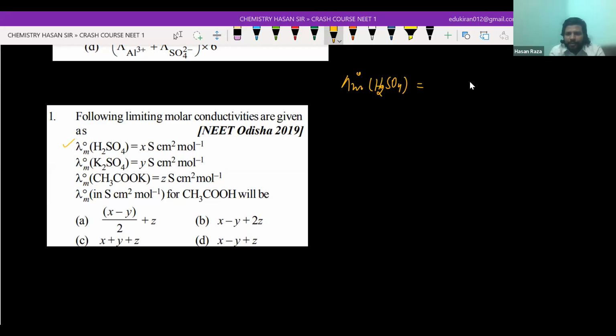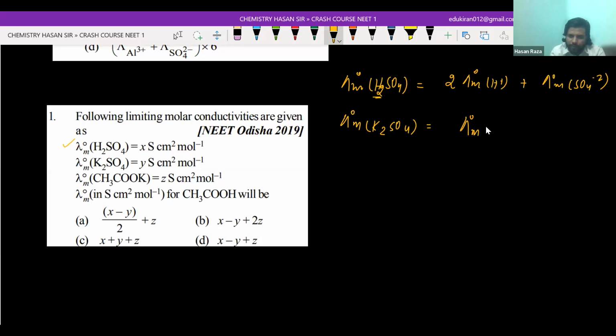Since we are talking about lambda naught M, this is your H plus, and I'm going to put 2 because 2 hydrogens are there, and then lambda naught M of SO4 minus 2. Now the next is K2SO4. So you can write lambda naught M of K plus, and you know that there will be 2 moles of this, and then lambda naught M of again SO4 minus 2.